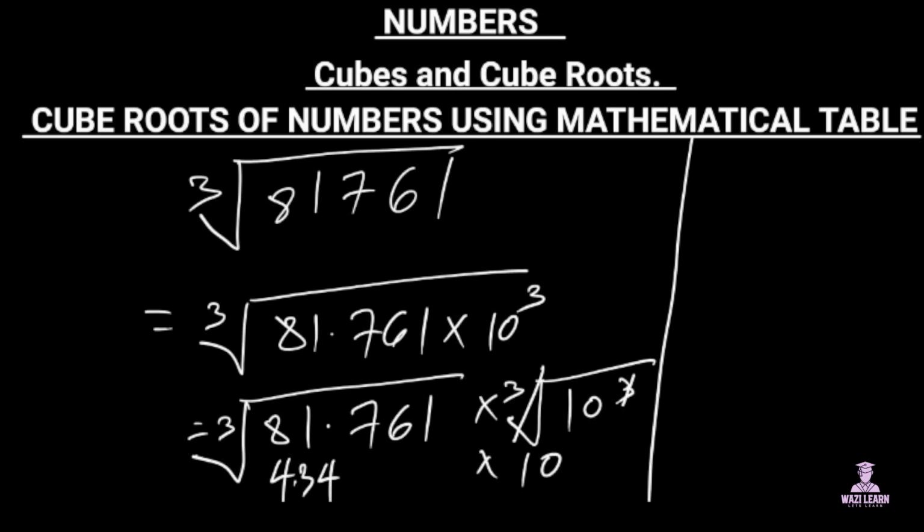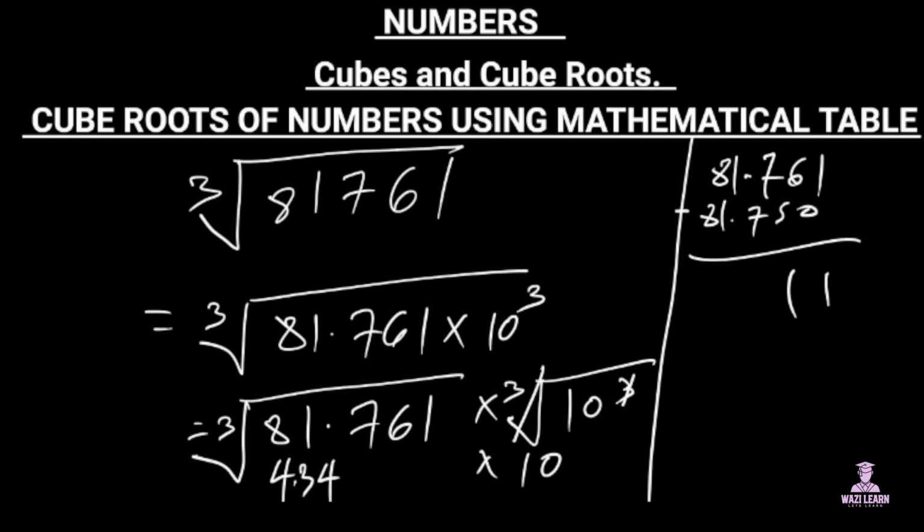At 4.34, you'll subtract the number at 4.34 from your given question number. So it will be 81.761 subtract the number at 4.34, which is 81.75. So it will be 11.